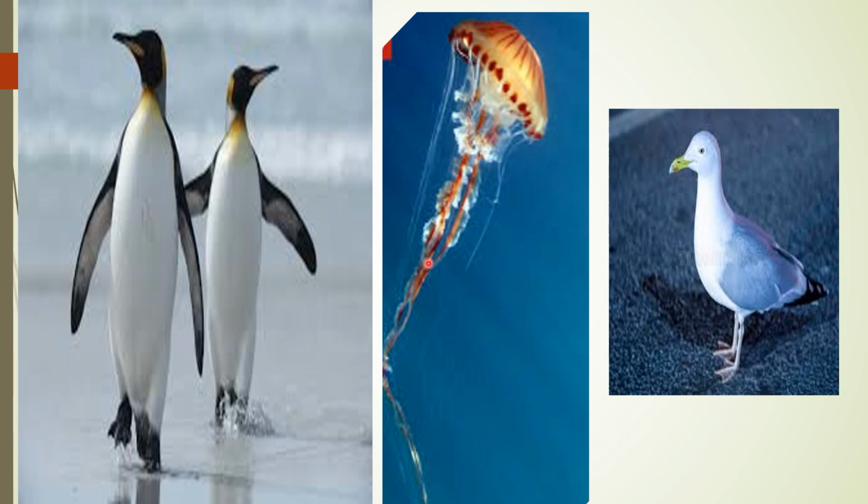It looks like a jelly with wiggly hands all around it. And then we have the seagull. They are very cute, but they live around the banks of the river and the sea, and they eat the fishes from the sea. They are able to go into the water and then they fly out.